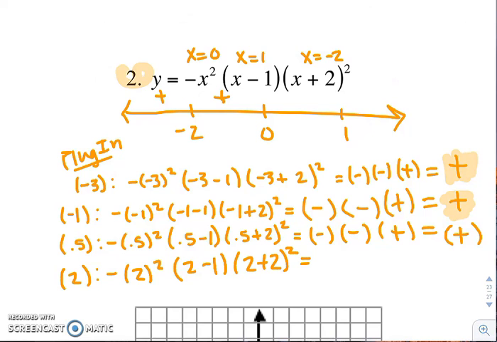Again, that first section, 2 squared is 4, which is positive, but times that negative is going to give you a negative value. 2 minus 1 is 1, so that one is positive. And that last section, 2 plus 2 is 4, but 4 squared will be positive. So, positive and a negative. So negative times positive is a negative, times that positive, this last section, is actually going to be negative.